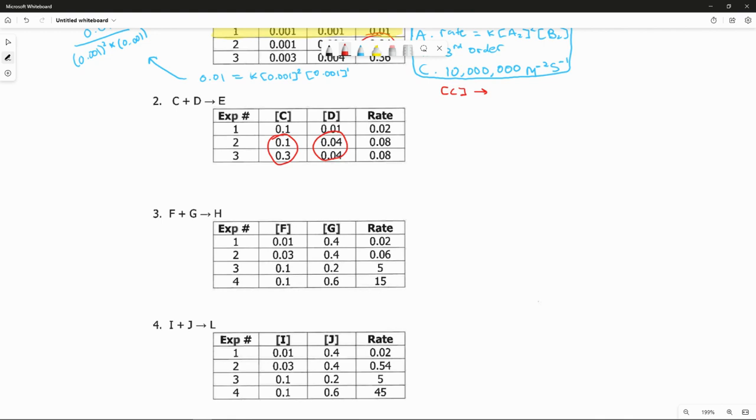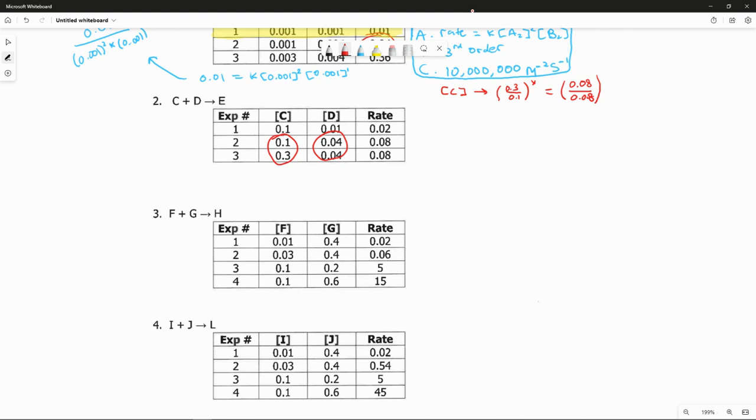So 2 and 3. So we take the bigger number. Bigger number is 0.3 over 0.1 to the x, and then the corresponding values of the rate for the experiments that we chose. So 0.08 over 0.08.